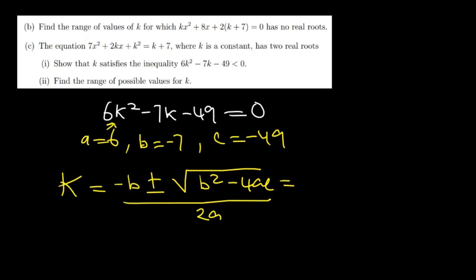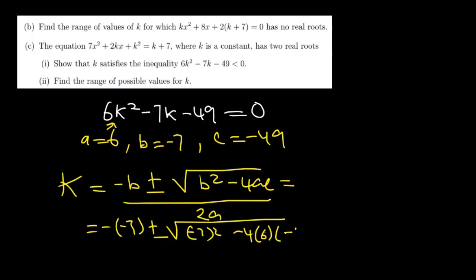So we have minus 7 plus or minus the square root of minus 7 squared minus 4 times a, which is 6, times c, which is minus 49. And then I divide all this by 2 multiplied by a, which is 6.